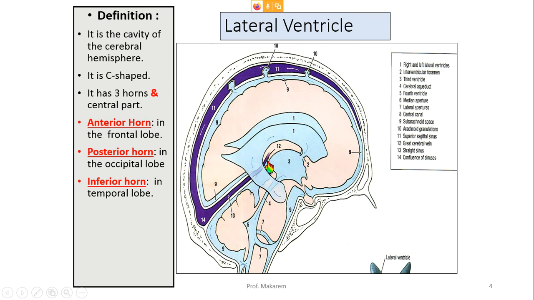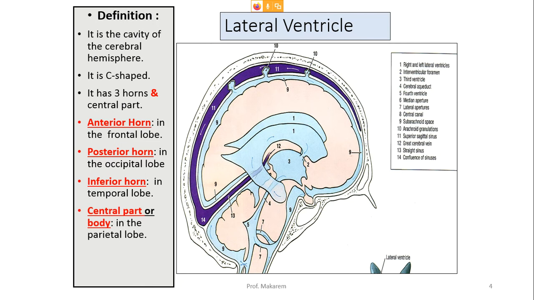It curves around the pulvinar of the thalamus. What is the pulvinar of the thalamus? We will study that when we discuss the thalamus. Remember, it curves around the pulvinar of the thalamus and extends into the temporal lobe to end 2.5 centimeters behind the temporal pole. That is about the three horns of the lateral ventricle.